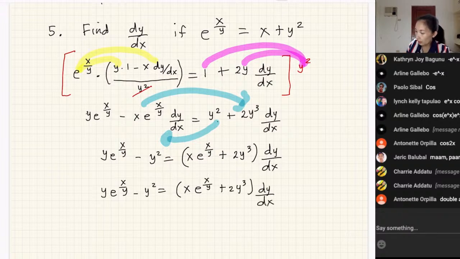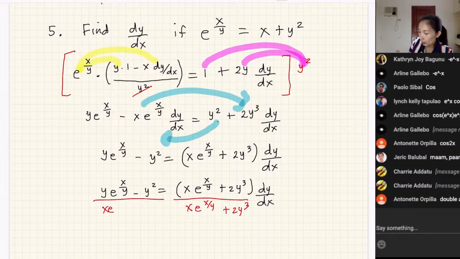Then divide the whole equation by x e raised to x over y plus 2y cubed. Then this now will cancel out.